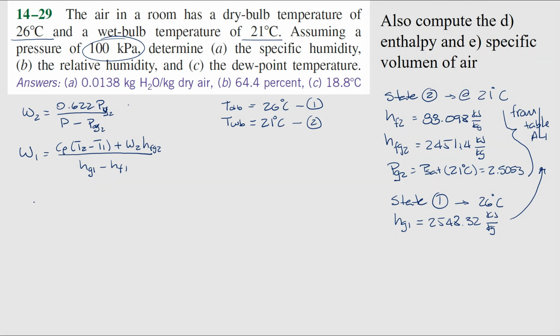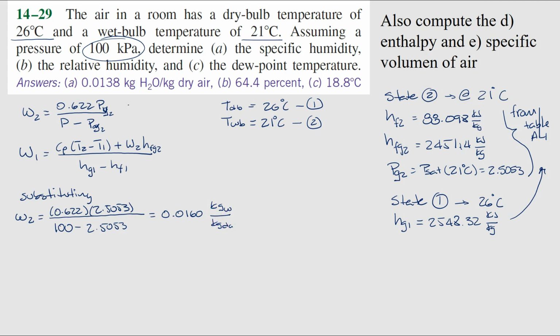Okay, so first of all, let's get our humidity ratio 2. These have units of kilograms of water per kilogram of dry air.